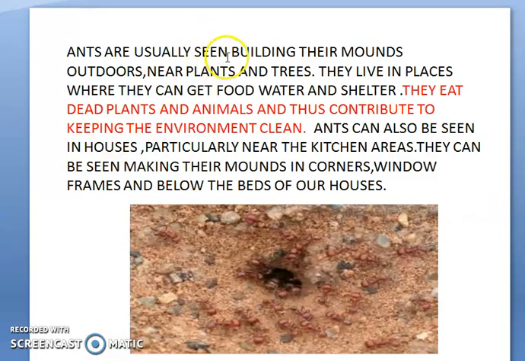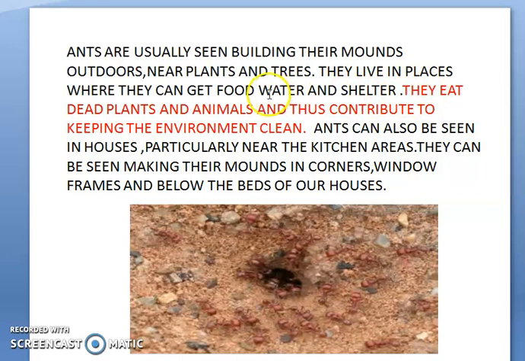Where do you find them? Ants are usually seen building their mound, their house, outdoors, near the plants and the trees. They live in places where they can get food, water and shelter. So they will search for a place where they can easily get food and water, as well as a safe shelter.